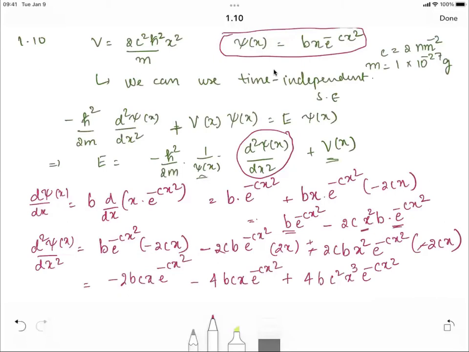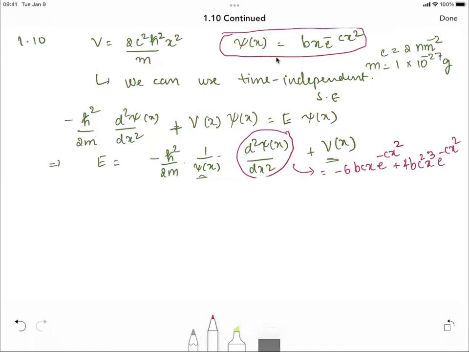And we see that we have 2bcx here and a 4bcx here. So these two can be combined to give me a negative 6. So I'm just going to change it to that. So this is the second derivative.